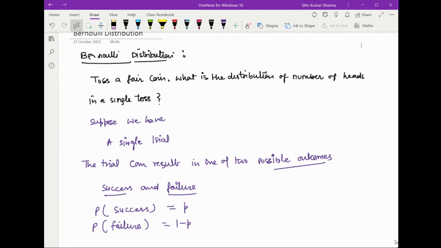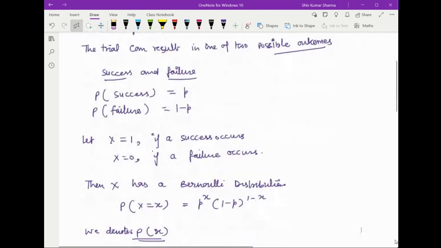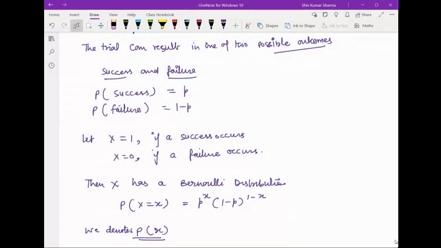When we get a head, that is shown as the success, and getting a tail is shown as the failure. So the success probability is P and failure is 1 minus P. Success we also denote as 1 and failure denoted as 0.